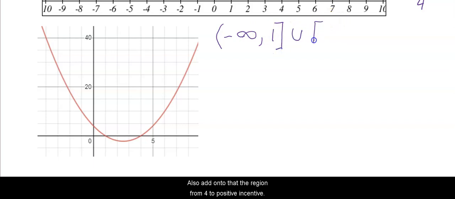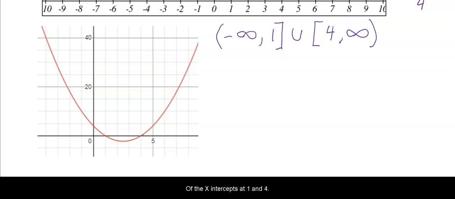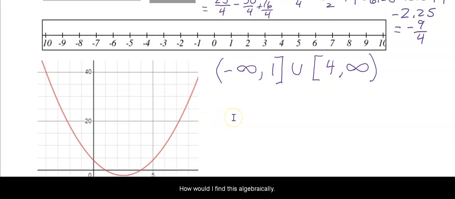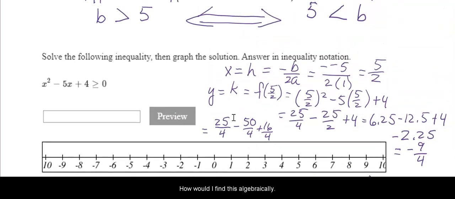Also add on to that the region from 4 to positive infinity. Note the use of the square brackets to include the "or equal to" zeros of the x-intercepts at 1 and 4. Now, how would I find this algebraically?